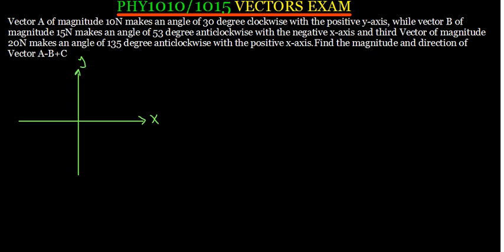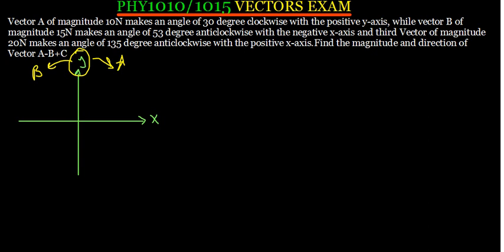If I am to tell in which quadrant this vector is, 30 degrees clockwise with a positive y. So this is the positive y. Now clockwise, friends, are we going to go A or are we going to go B?